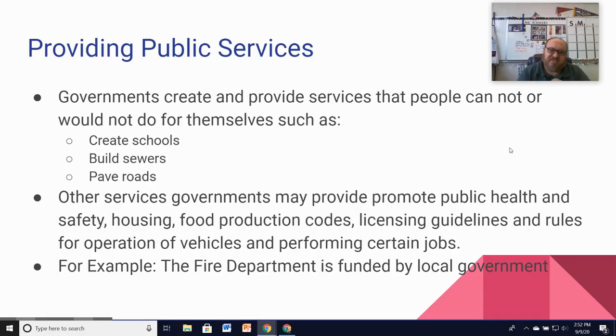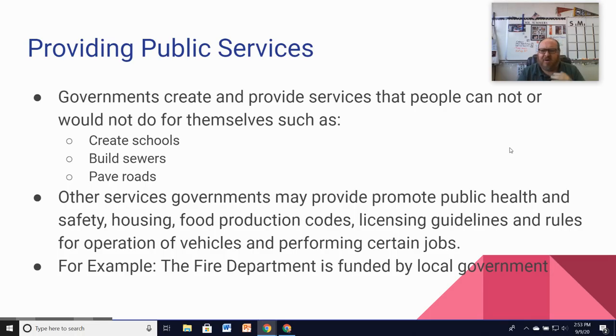Providing public services. Governments provide services that people cannot or would not do for themselves, like creating schools. They build sewers, they pave roads, they provide law enforcement, firefighters, all kinds of things like that.